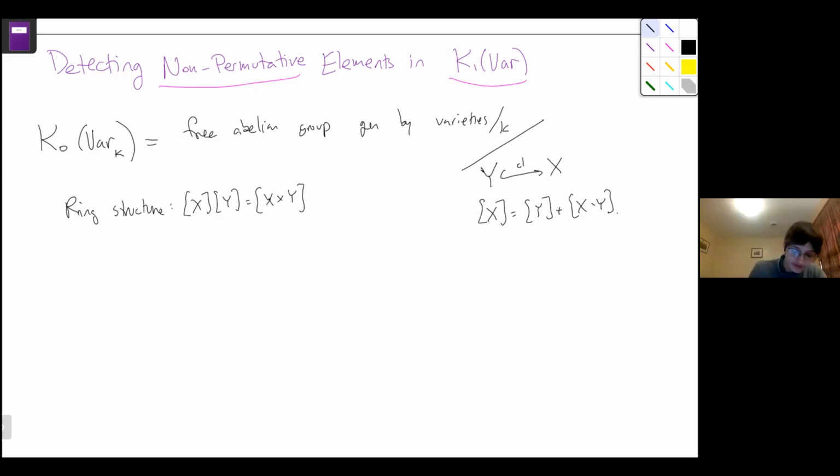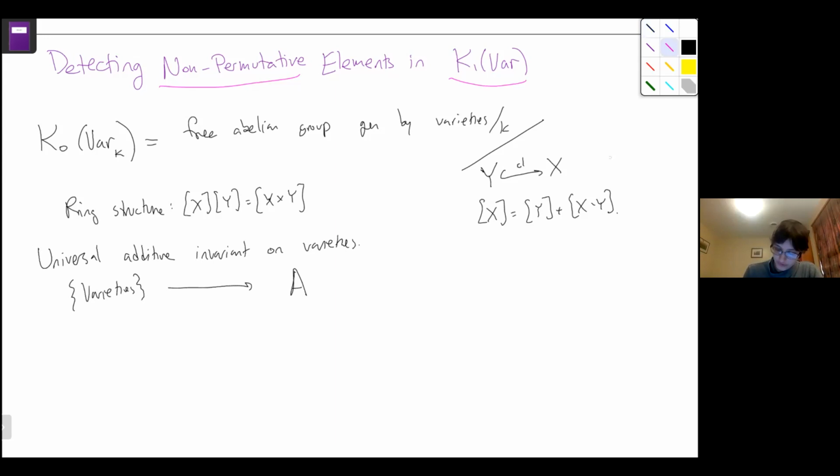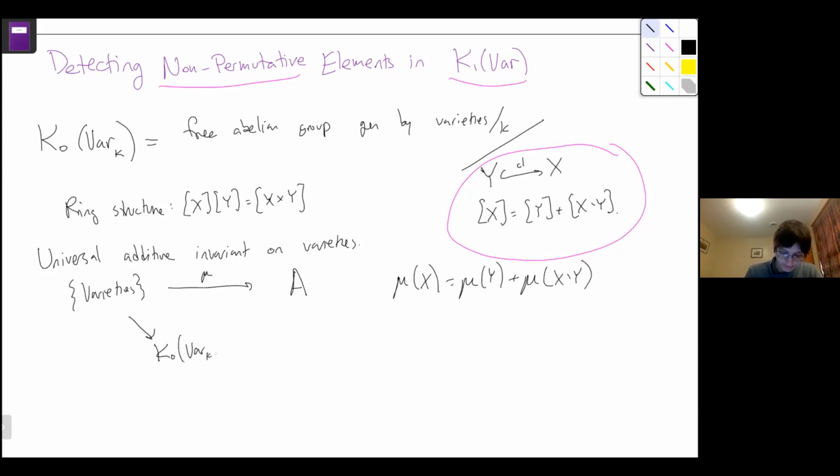It appears because this is the universal additive invariant on varieties, in the sense that if you have a map from varieties to some abelian group A satisfying this relation, so if we call this mu, as it is usually called, mu of X is mu of Y plus mu of the complement, then this factors through the Grothendieck ring. And this is unique.